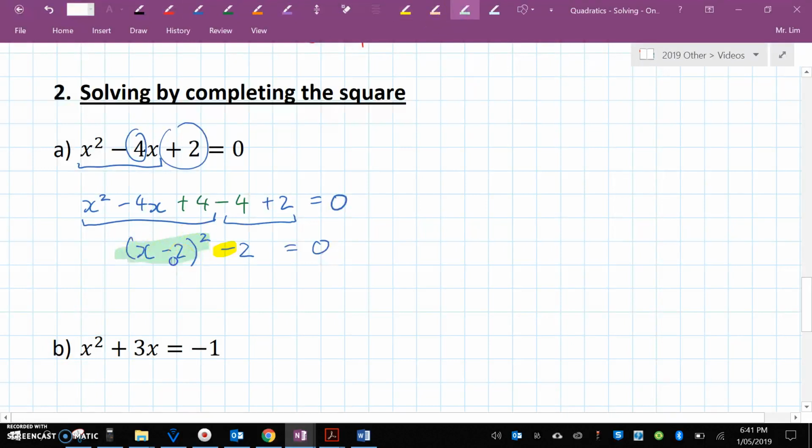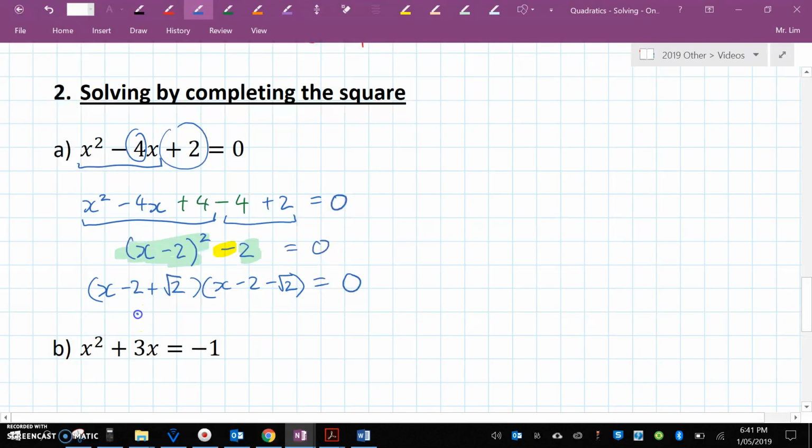Here's one of the squares. Here's another square. So I am going to factorize this. Get my brackets ready. Square root of the first term is x minus 2. Put my plus sign, put my minus sign. Square root of the second term is root 2.